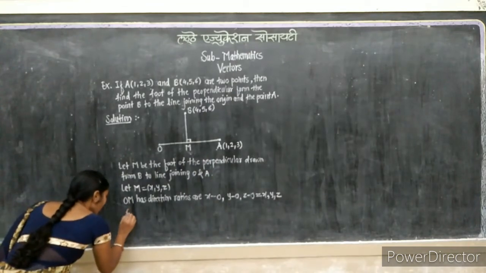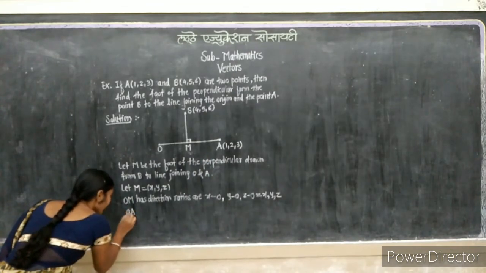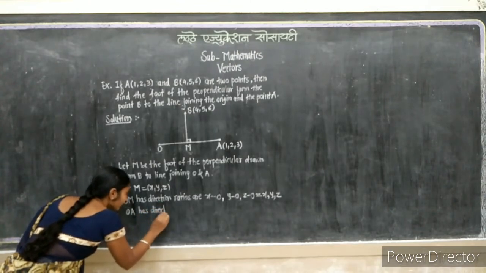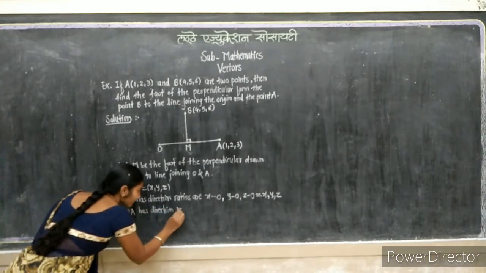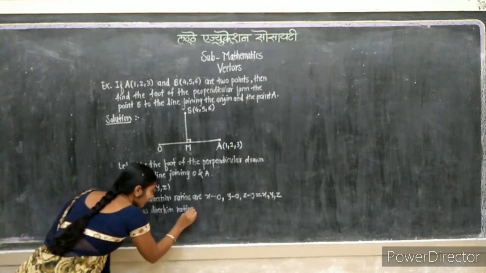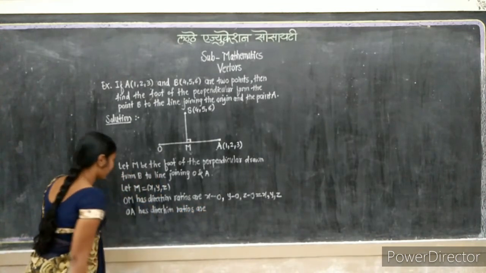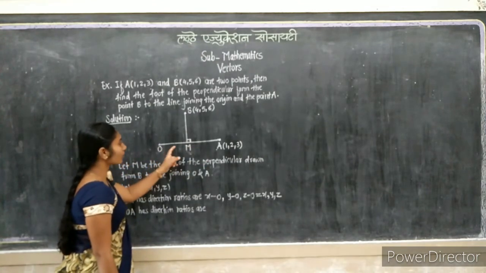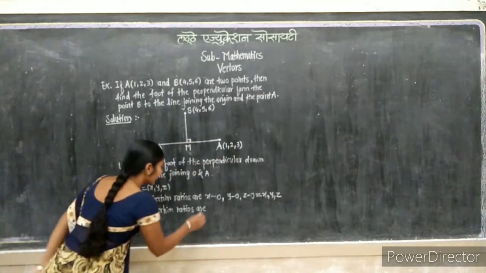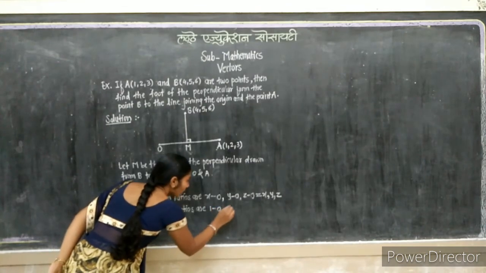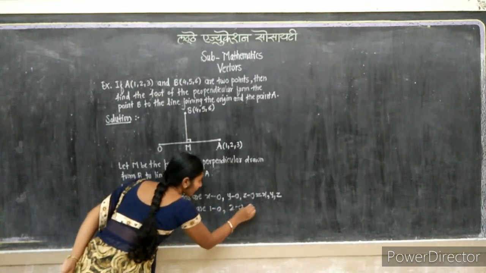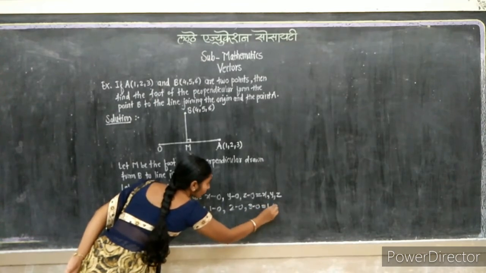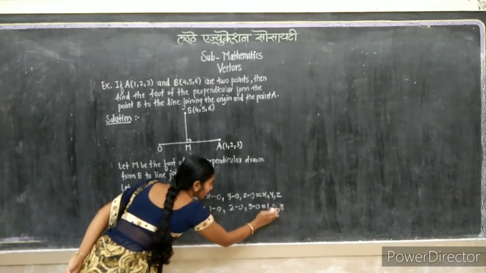Then OA has direction ratios: O is the origin 0, 0, 0 and A is 1, 2, 3. So 1 minus 0, 2 minus 0, 3 minus 0 is equal to 1, 2, 3.